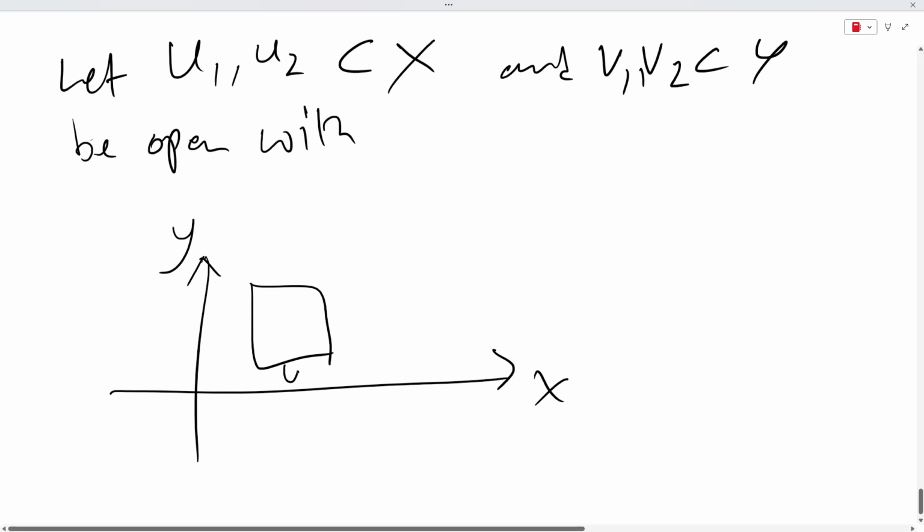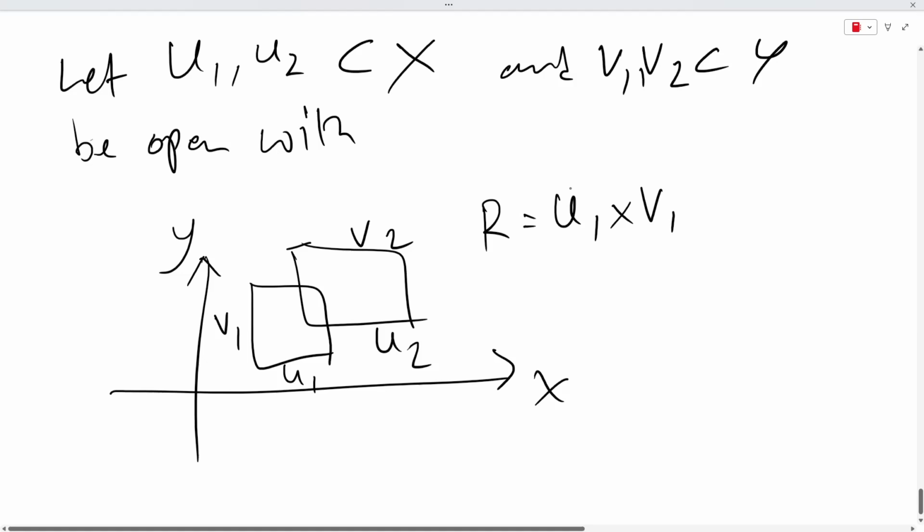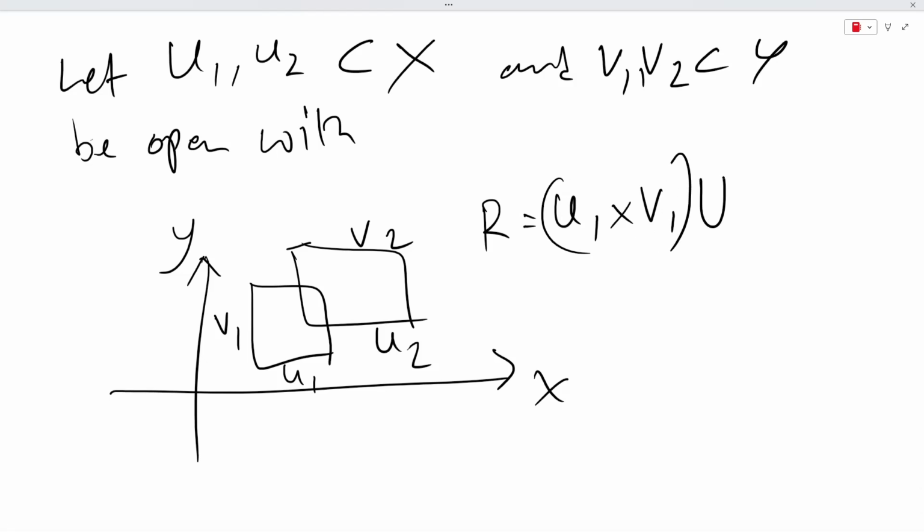Now consider this is U1 P1, this is U2 P2. Consider the union, call it R: U1 times P1 union U2 times P2.